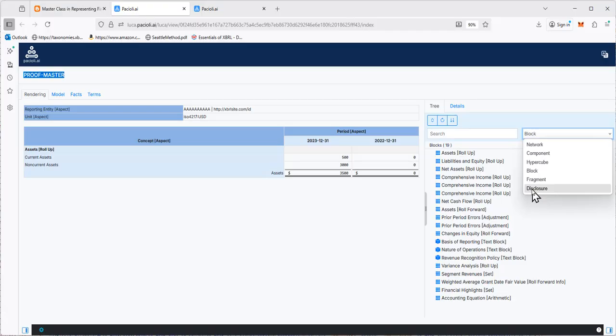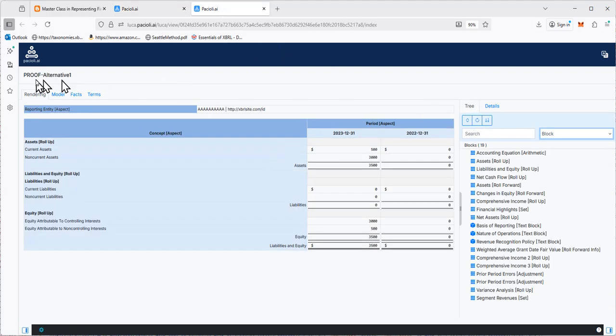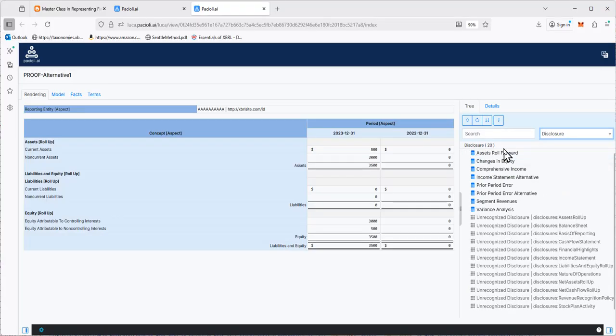So there is a flaw in this proof master, I see 20 disclosures. In this proof alternative one, I still see 20 disclosures, but many of these are not being recognized.